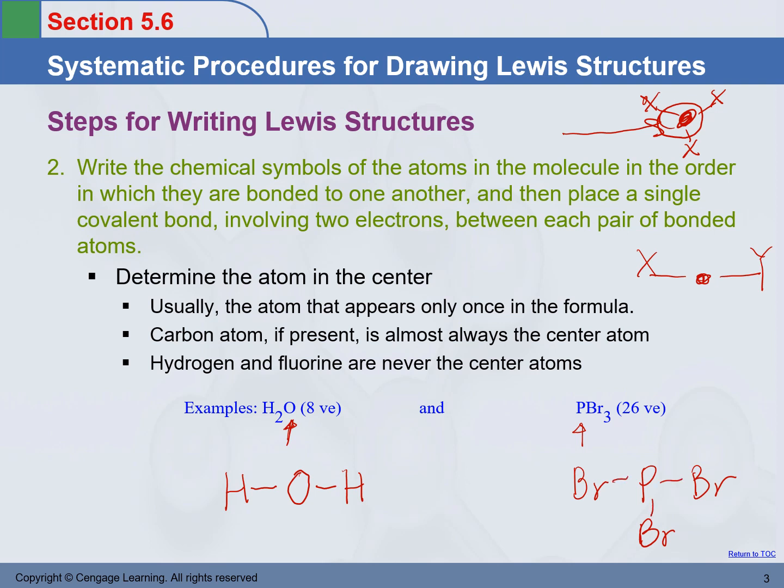Can I put a bromine on the top of phosphorus? Yes, you can place it anywhere you want, as long as it is around phosphorus. This is the end of step number 2. Let's move on to step number 3 now.